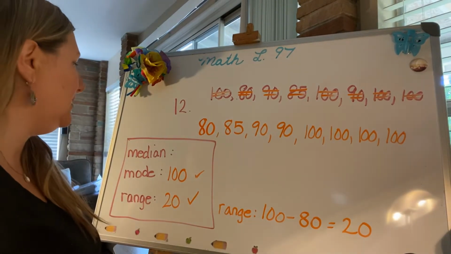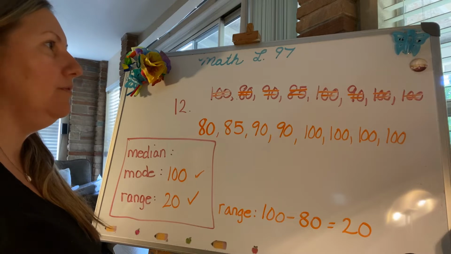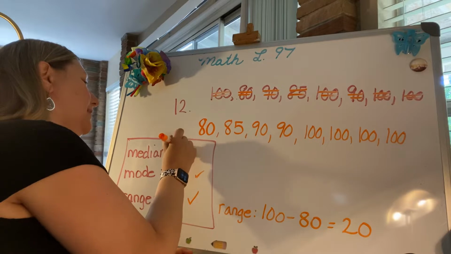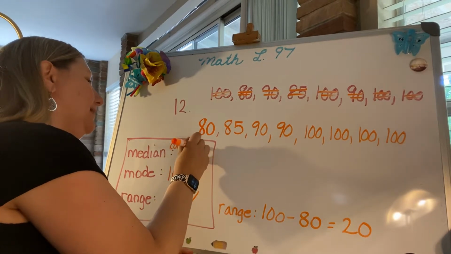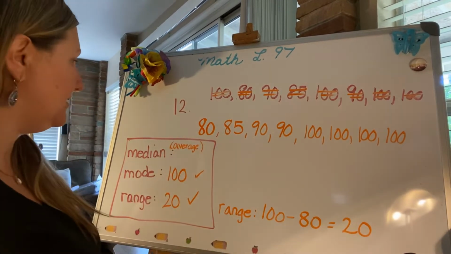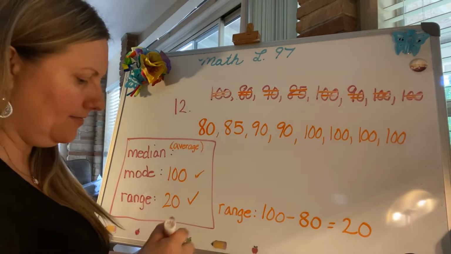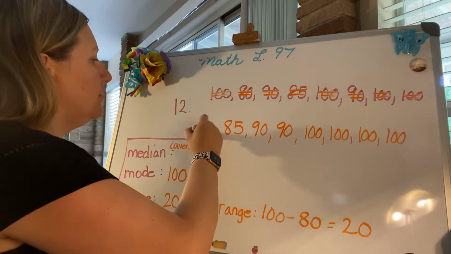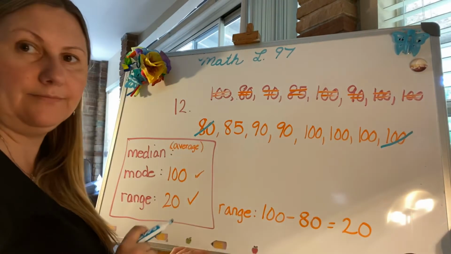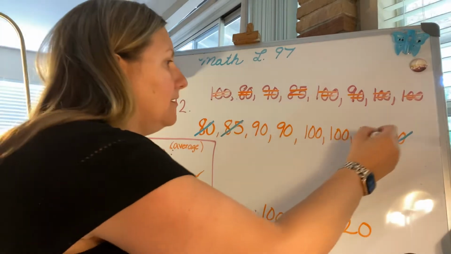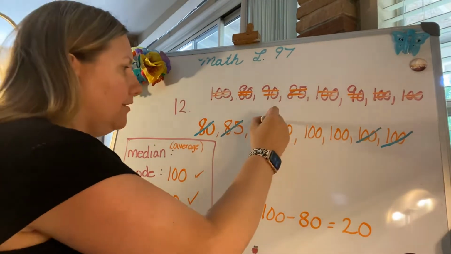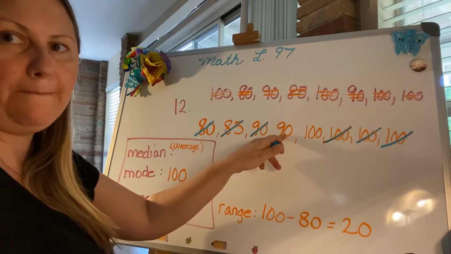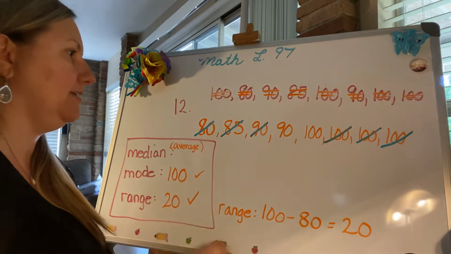Okay, the median, which is also the average. So another word for this is average. Okay. All right, so what we do to find the median next is we start crossing out the first 2, the second 2, the third ones, and we are left with these 2 middle numbers, 90 plus 100.